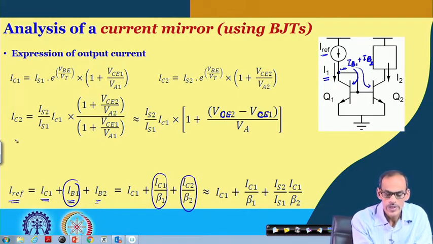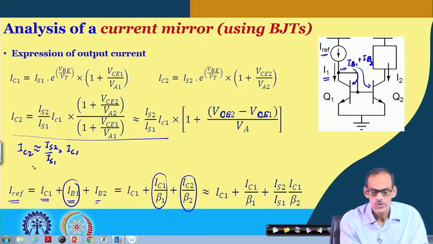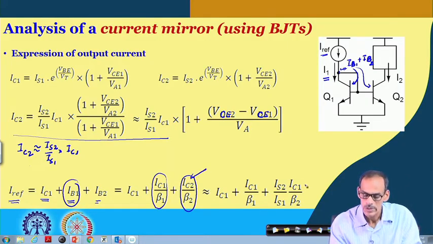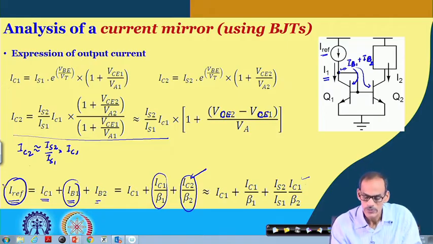And then if I consider this relationship, IC2 can be well approximated by IS2 divided by IS1 multiplied by IC1. So, if we replace this IC2 in terms of IC1, then we get a relationship between IREF and the ICs.